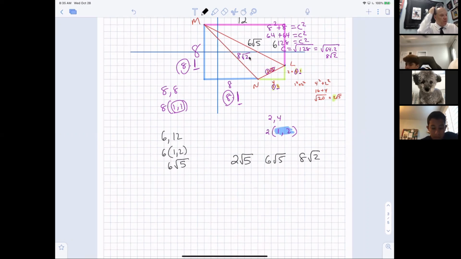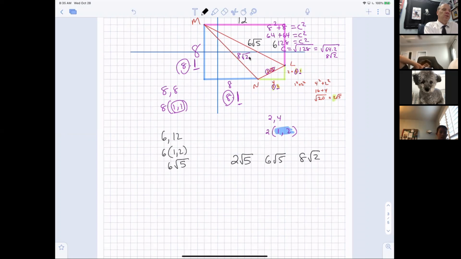Now, which one's bigger, 6 radical 5 or 8 radical 2? 6, what's square root of 5, roughly? 2, roughly 2. Why is it roughly 2? Because square root of 4 is what? So square root of 5 is a little bigger than 4, right? So 6 times 2 is what? So it's a little more than 12, right?